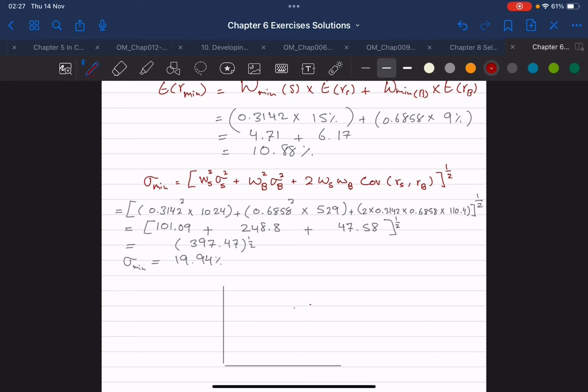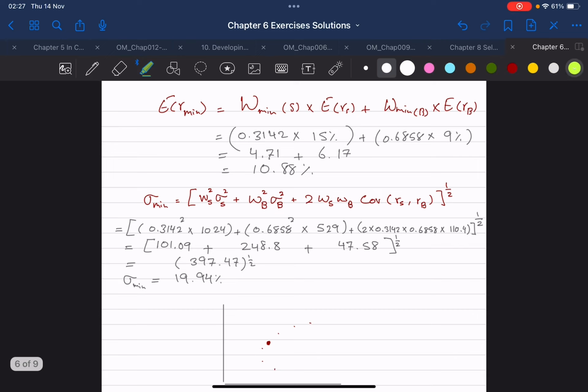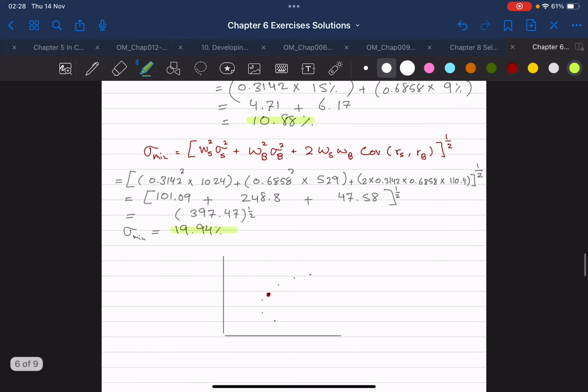You'll have different combinations of the portfolio, something along these lines, and the minimum variance portfolio would probably be somewhere around here. Okay, and it would have an expected return, just like we calculated, of 10.88%, and it will have a standard deviation of 19.94%.